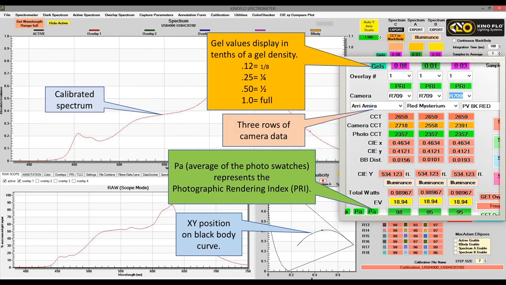And so this is where it really plays out on the camera to see if a camera sees it slightly above, on, or below the Planckian. And so a value of 0.12 equals about 1/8 of a gel correction. So in this case, they're all below 0.12. And so it's essentially within tolerance, it's on the Planckian. You're not going to do any better than that.